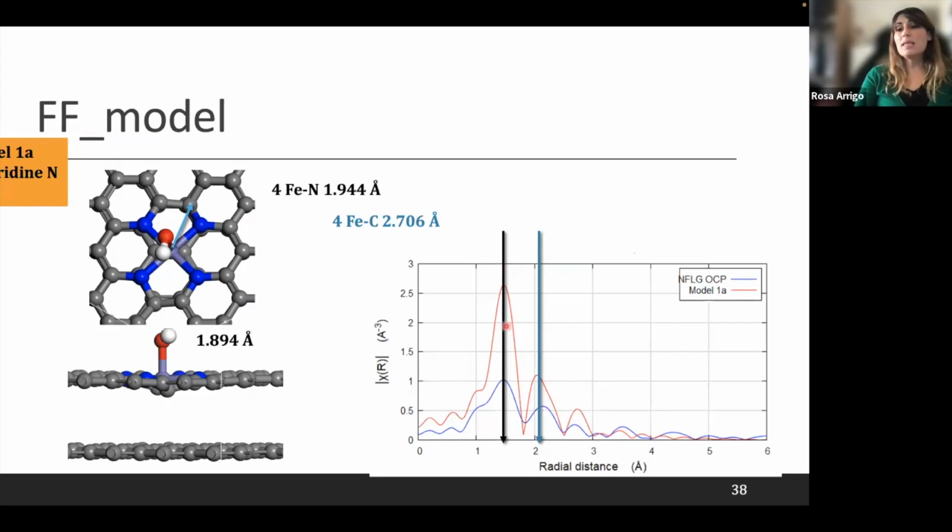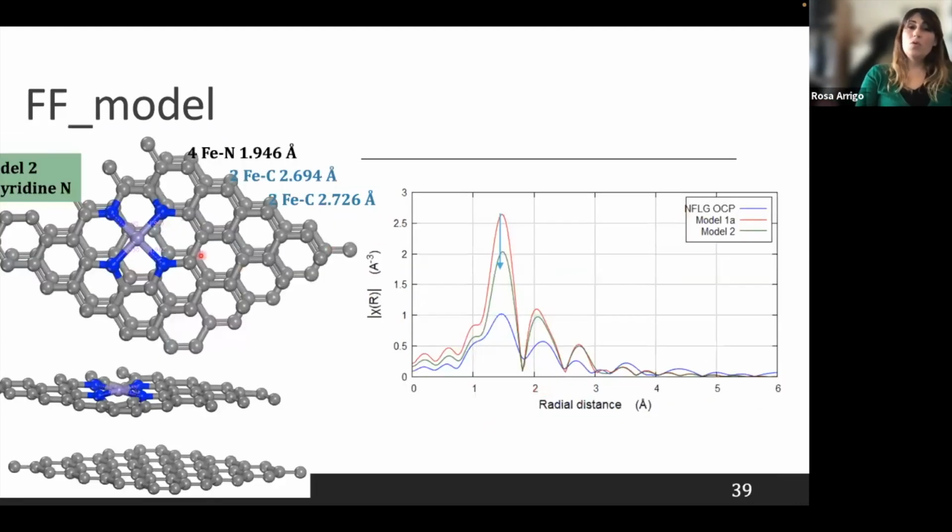And you can see that in terms of distances, the first coordination shell and the carbon atom here, the next one here, described by this signal here, in terms of distance we are okay, but the intensity is much lower.